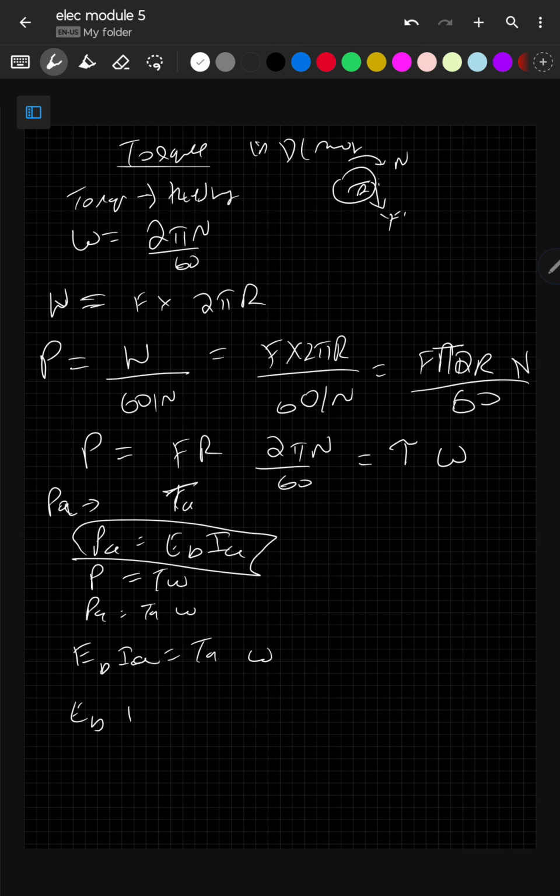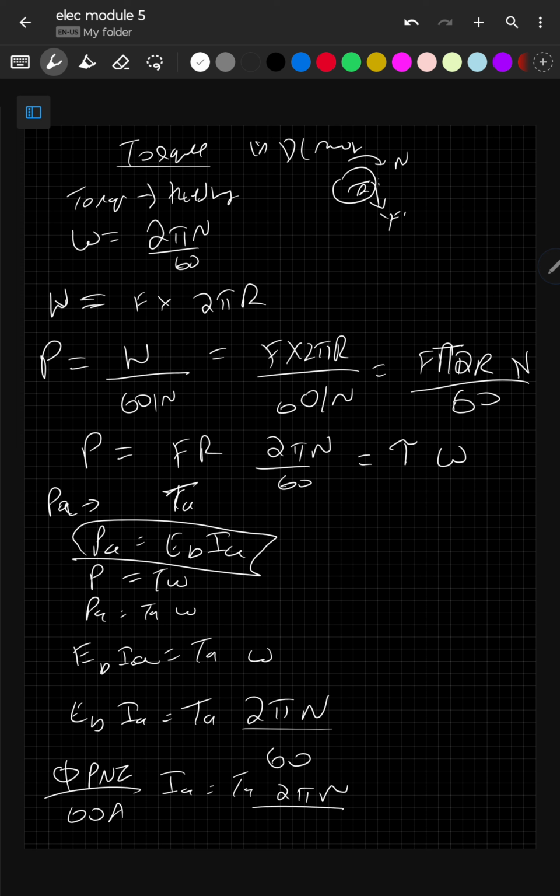So EB into IA is equal to TA 2 pi n by 60, and EB is phi PNZ by 60A. 60 cancels, n cancels.